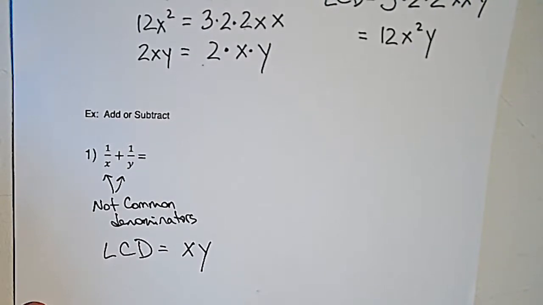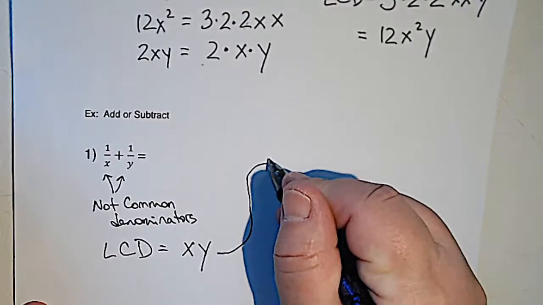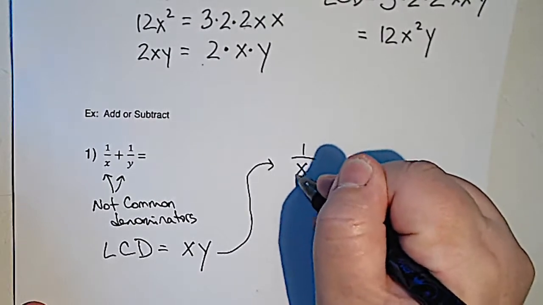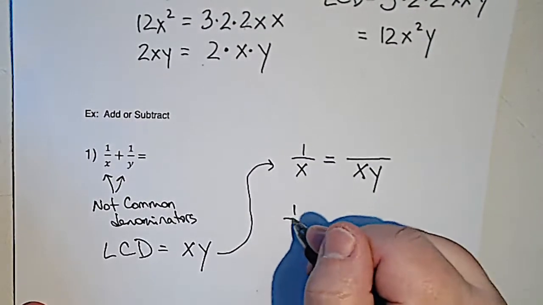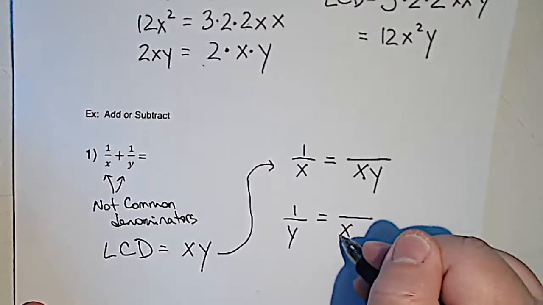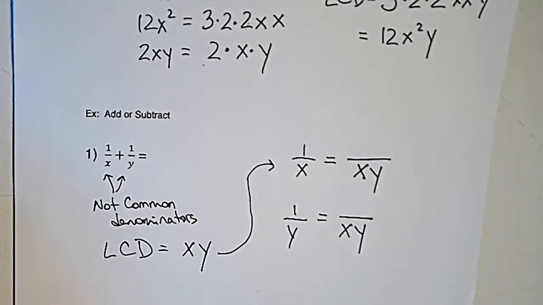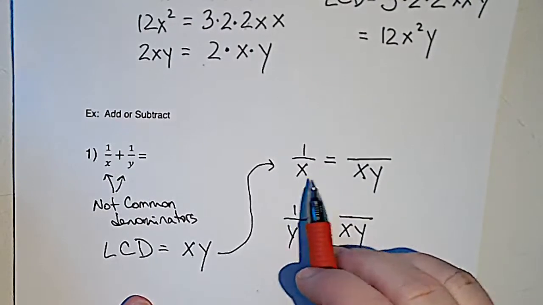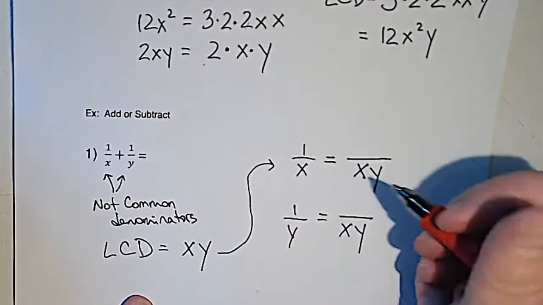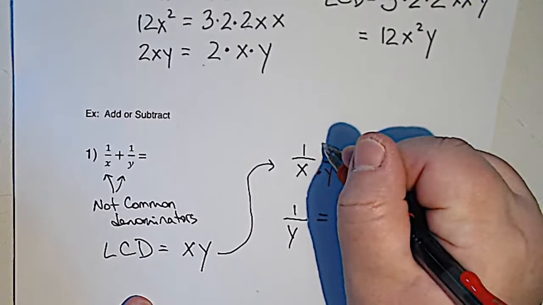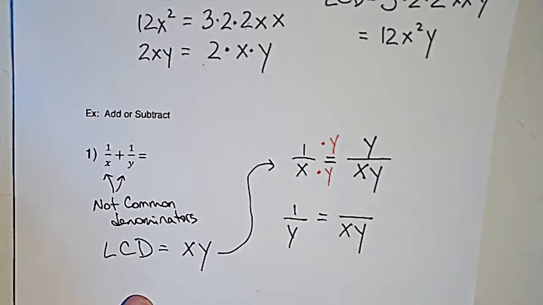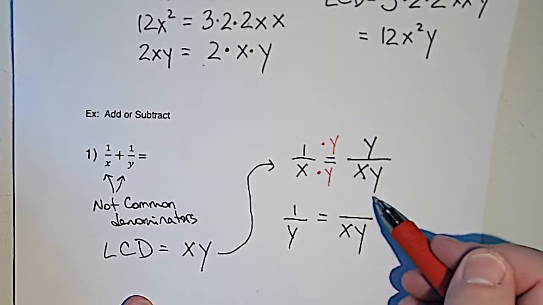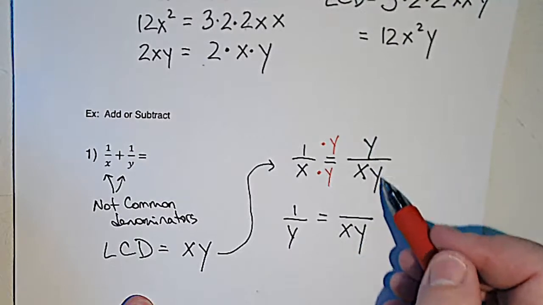Okay, so what I'm going to do is I'm going to take this space right here and use it to convert each of the old fractions into the new fraction. So I got a 1 over x and I got a 1 over y, and each of them has to be converted. So let's look at the x. This has an x already. It's missing a y, so let's check that in there. To keep it balanced, we'll write it on top as well, and then we'll get 1 times y or y. Now, right here, people get very tempted because they're like, oh, look at the y's, cancel the y's.